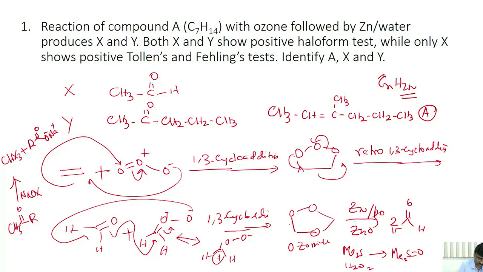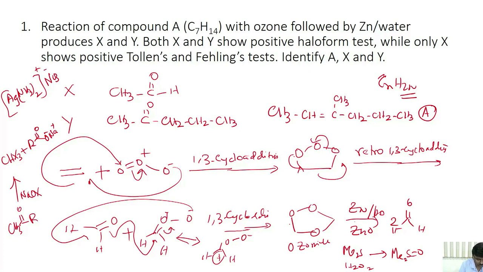With respect to Tollens and Fehling's test, Tollens reagent can be made from aqueous silver nitrate, sodium hydroxide and ammonium hydroxide solution. When you mix all, you will be able to form this complex.